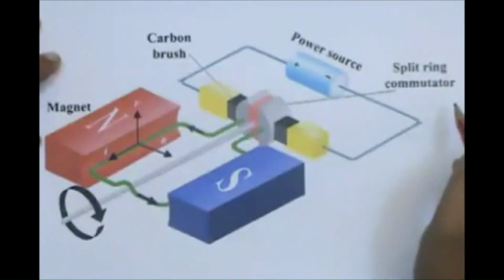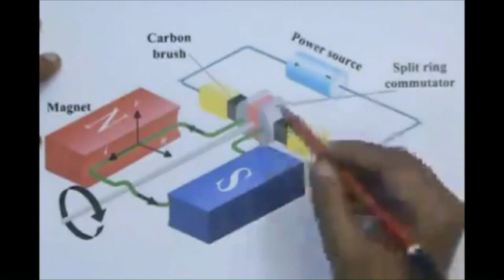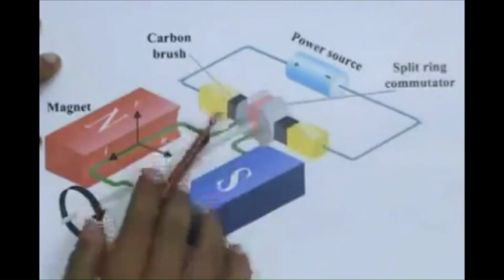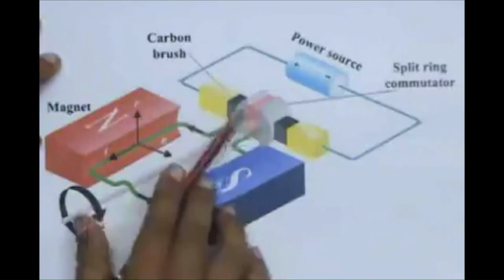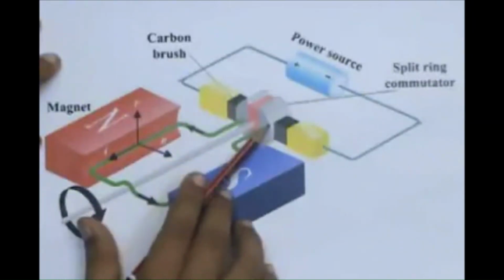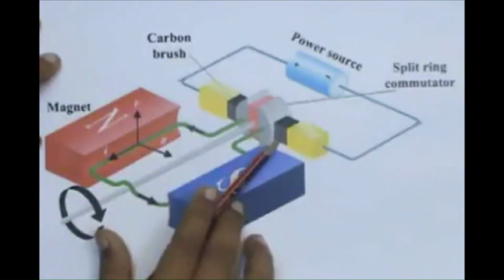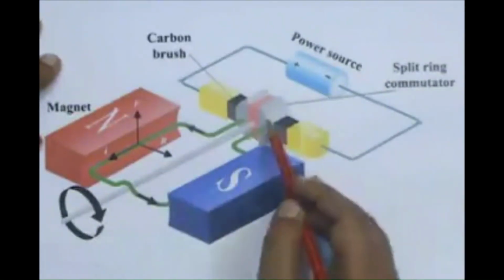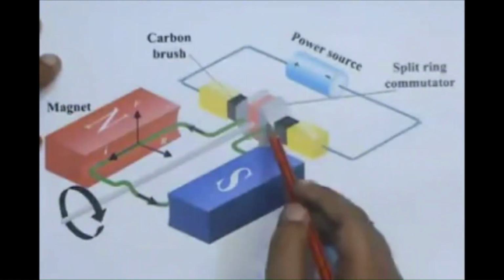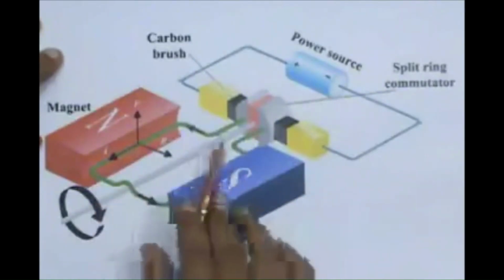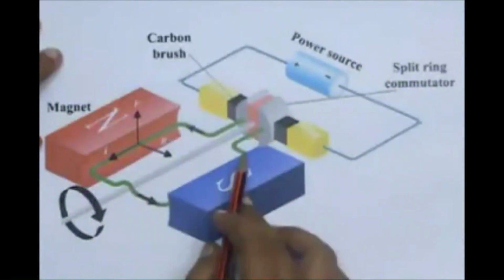The rigid connections are not there because it facilitates the commutator to rotate on its axis without missing any connection with the black carbon brushes. This helps us in providing the continuous current and also making the circular loop rotate on its axis easily.